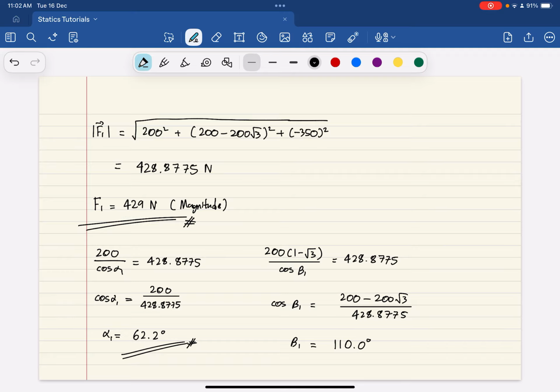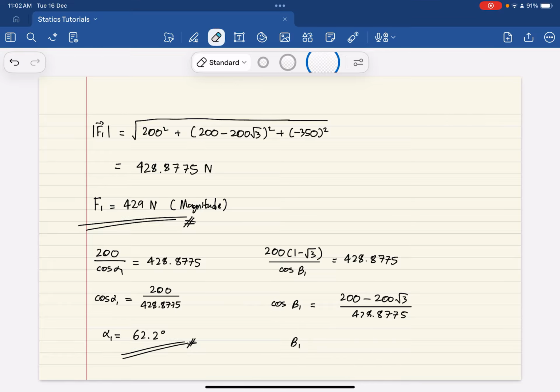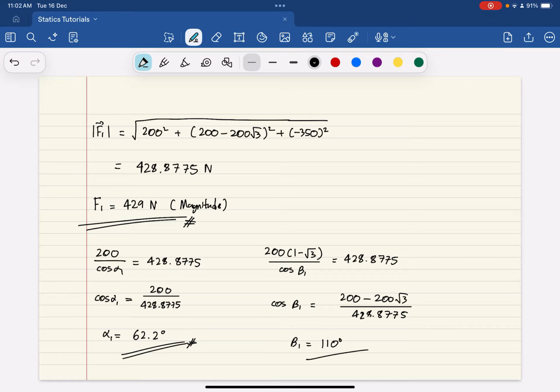You've rounded off actually. That's beta. Actually, just 110. Oops, sorry, it was a big eraser there. So it's supposed to be 110 degrees. You can just leave it like that.